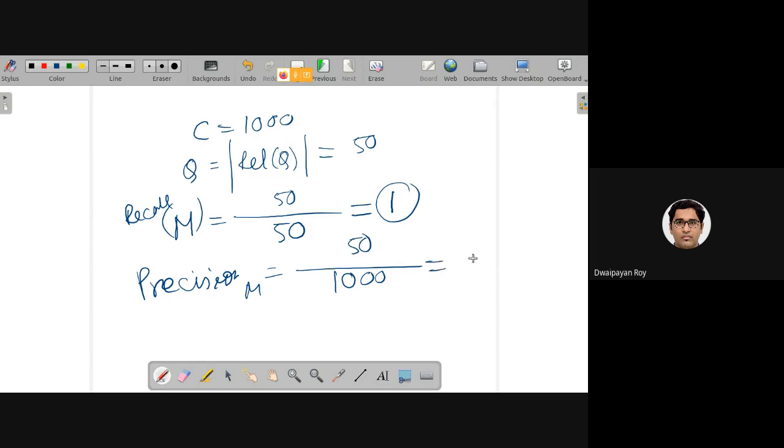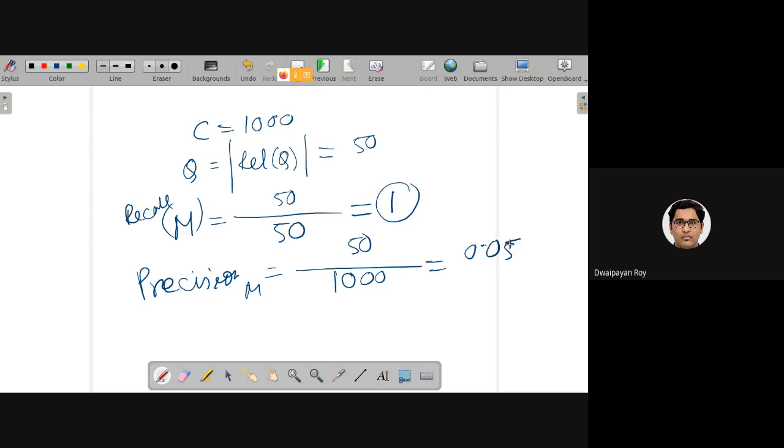So the precision will be basically 0.005, isn't it? Oh, I think I have given 1 extra 0 here, it will be 0.05.